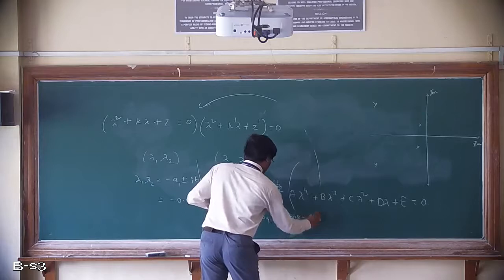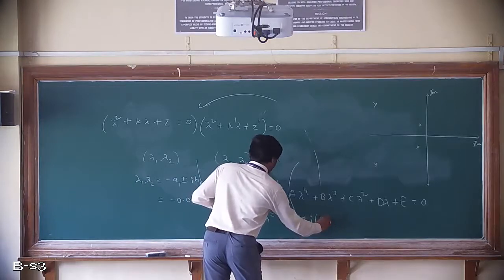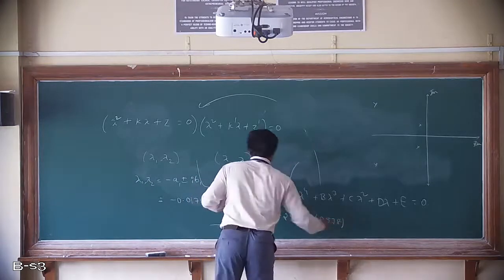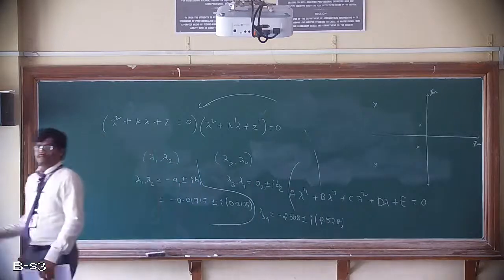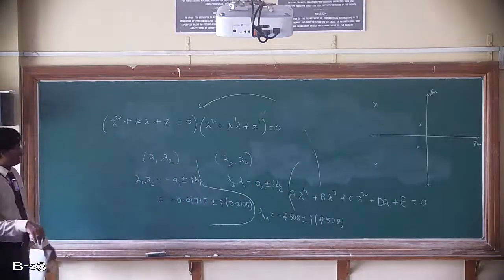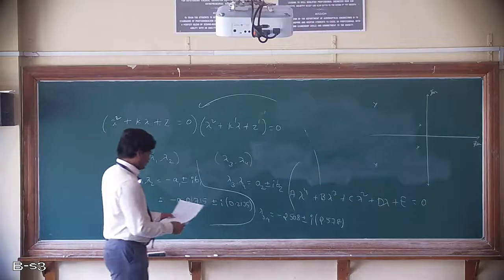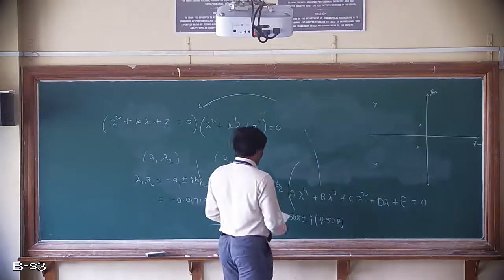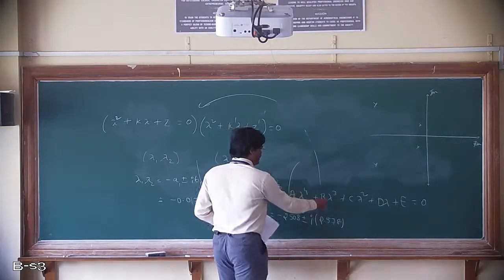Then lambda 3, 4 you can take as minus 2.508 plus or minus i into 2.578.